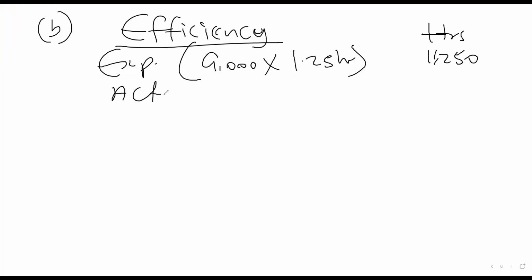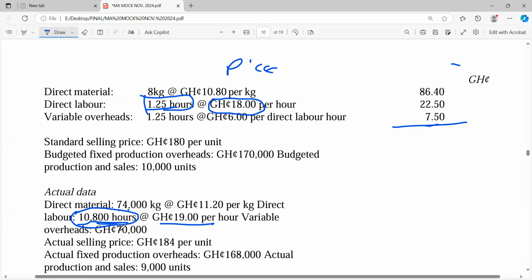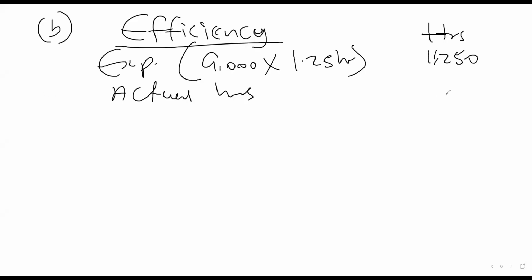Versus the actual hours. What's the actual hours worked? Actual hours worked from the question is 10,800. Good. So here, have they worked less than expected, 10,800? What's the variance, adverse or favorable?